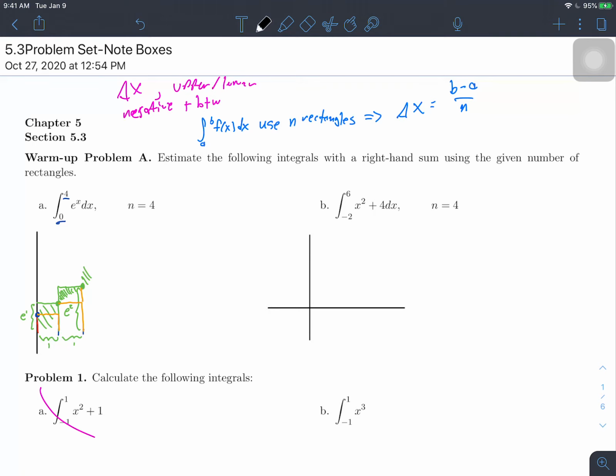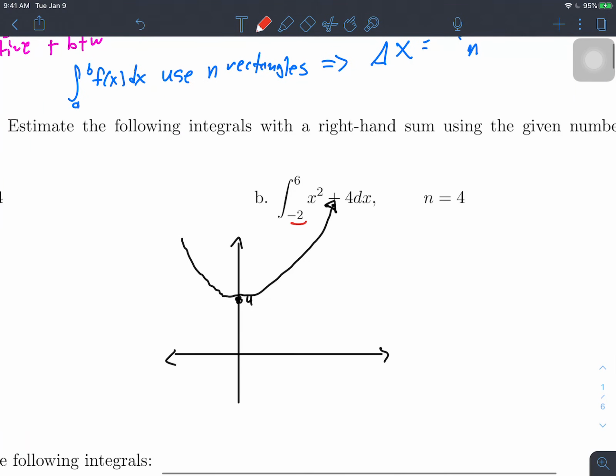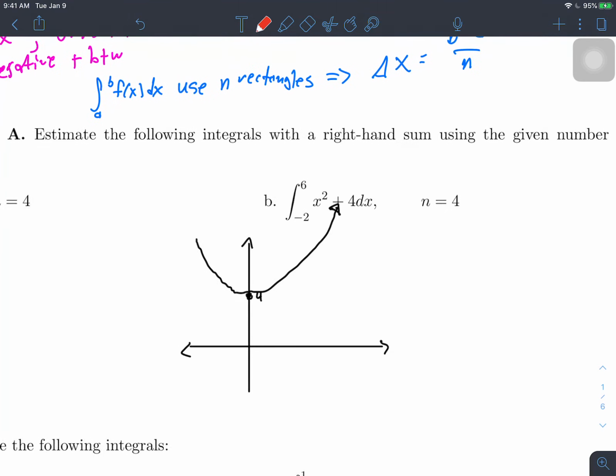What does x squared plus 4 look like? Parabola with a minimum of 4. Yep. So here's 4, and the parabola just looks like this, maybe. Next thing to do is to put our limits of integration onto the graph: -2 and 6.